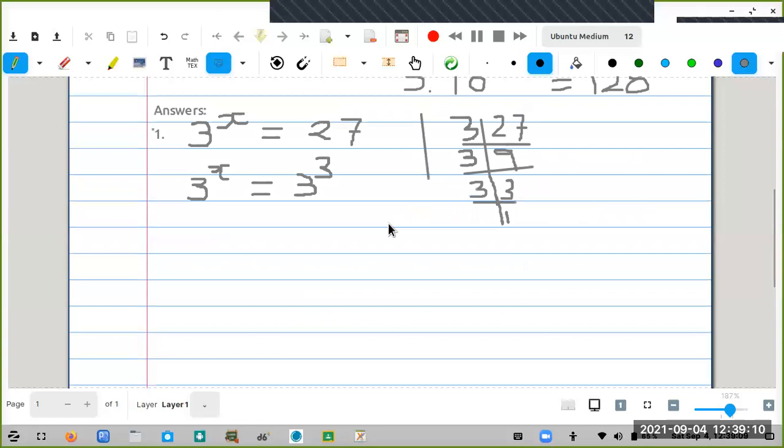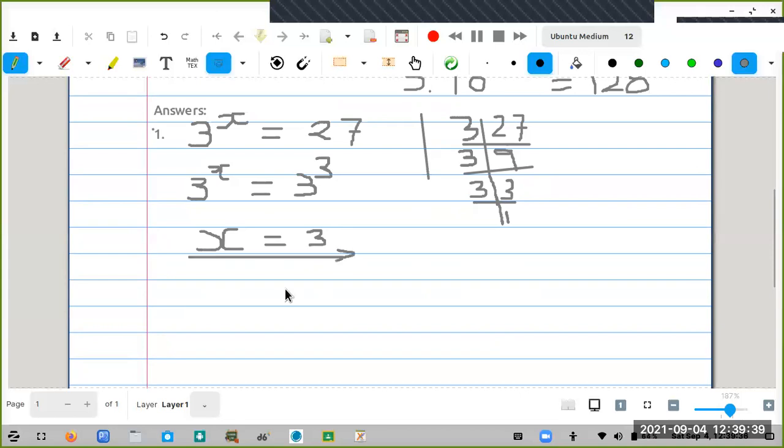The exponent on the left-hand side is x, which is equal to the exponent on the right-hand side, which is 3. So our left-hand side is simplified, the right-hand side is simplified, and this is our final answer.